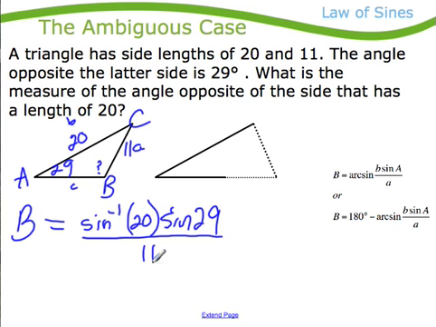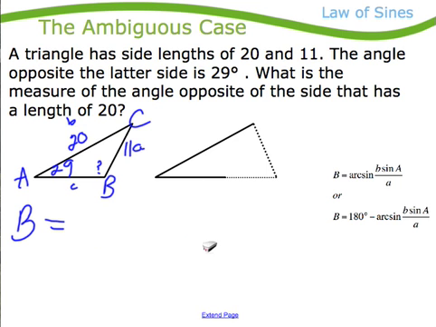I got an error. Where did I mess up? Domain error. Let me try it again. Oh no, I've written this down wrong. Sorry, I wrote that down wrong. It's the arc sine of this whole thing.